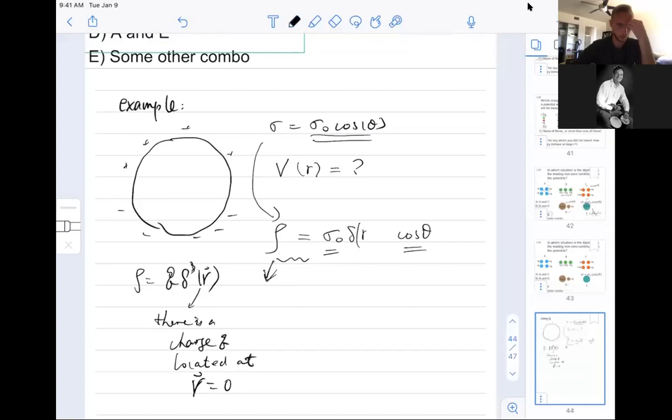Let's think about what the meaning of where the charge is located. Okay, so Benjamin said wouldn't it be r minus capital R. Let's see if this is telling me where the charge is located. Here, this tells me it is located at r equals 0. This is telling me when r is equal to capital R, this is infinity, but when r is not capital R, it is 0.